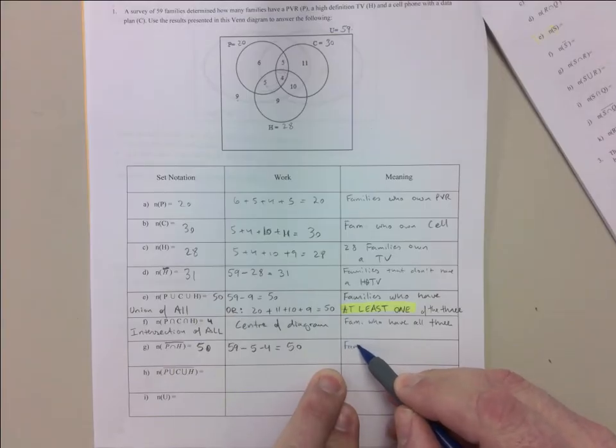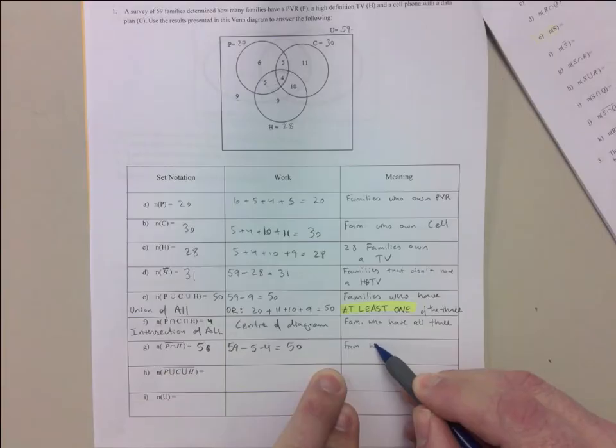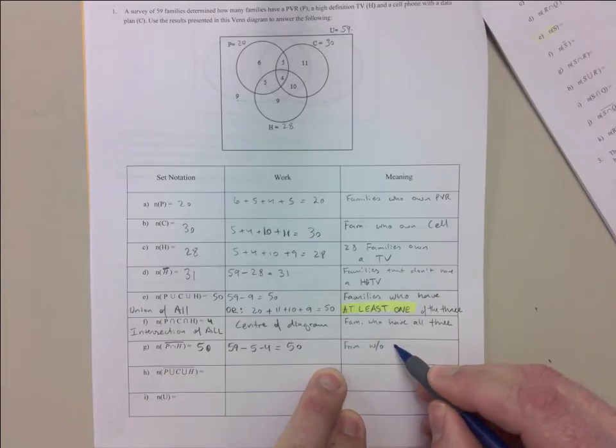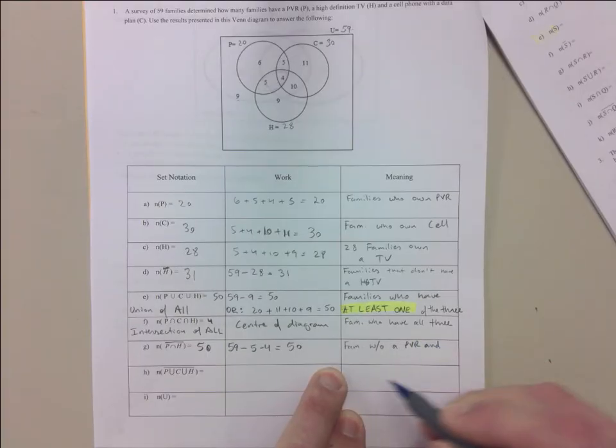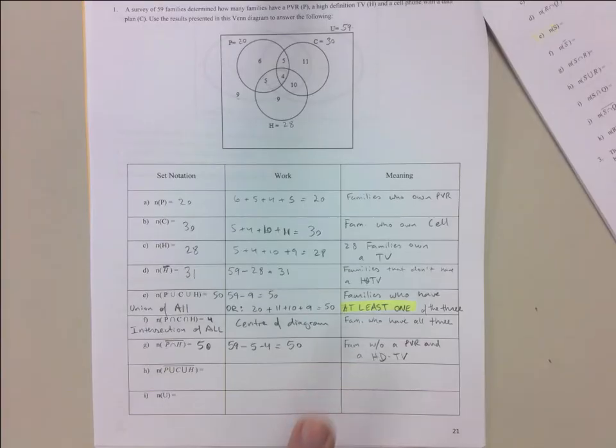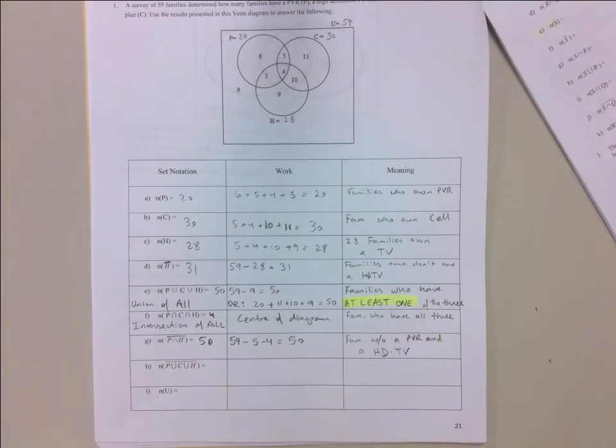Families without a PVR and a high definition TV. The emphasis on the and. And is that symbol right there is intersection. It's and, right?